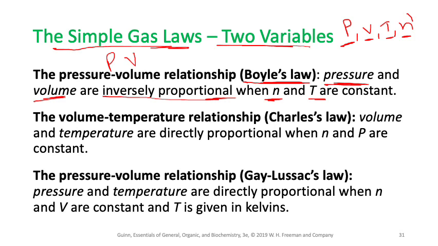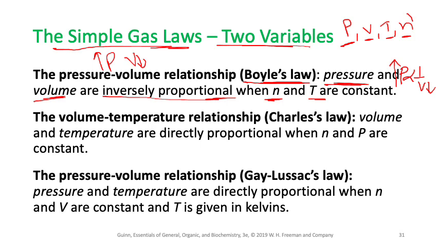What is meant by inversely proportional is that if one thing goes up, another thing goes down, right? So if we increase the pressure, the volume will decrease. If we decrease the volume, pressure will increase. So this is inversely proportional.